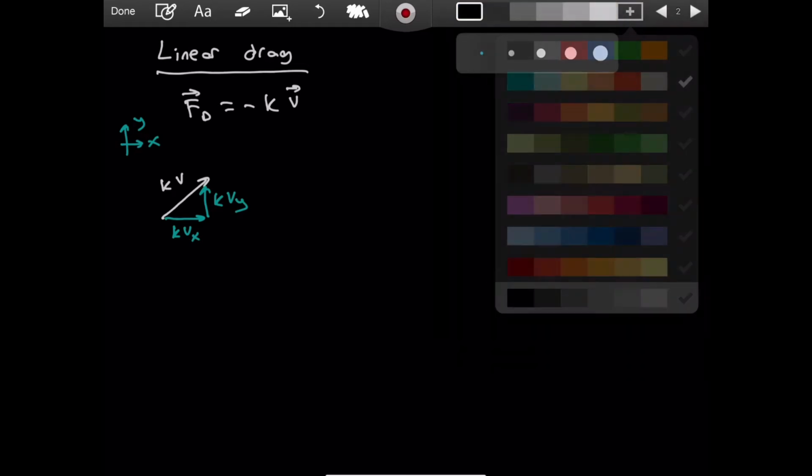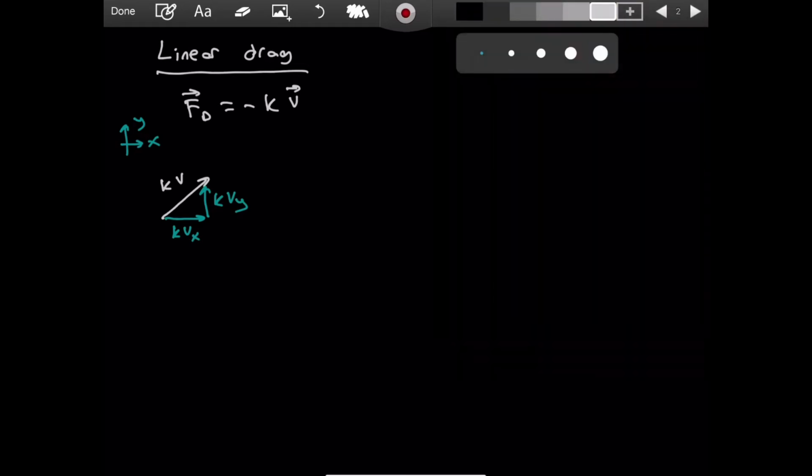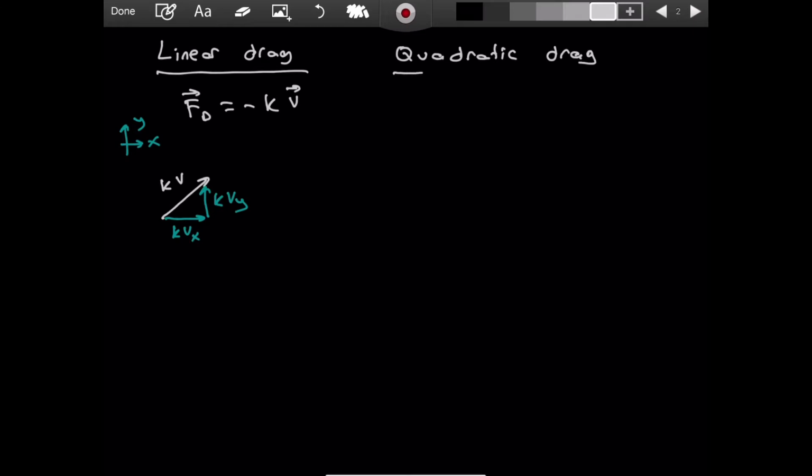What about quadratic then, which is the focus of our video today? So let me write quadratic drag. And by the way, it is really important to understand that quadratic drag is a better model for describing real world situations. The air drag is actually quadratic rather than linear. So it is really important that we understand how to deal with that.